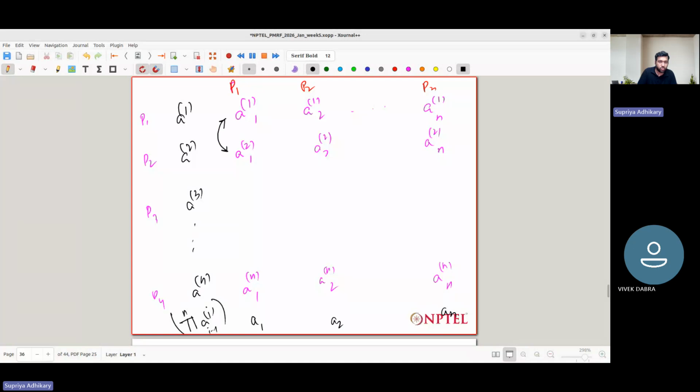For multiplying these two, they have one GRR protocol, and after that is generated, it should be multiplied with the shares of P3, which is again one GRR protocol. So there will be total, not n, but n minus 1 GRR protocols.